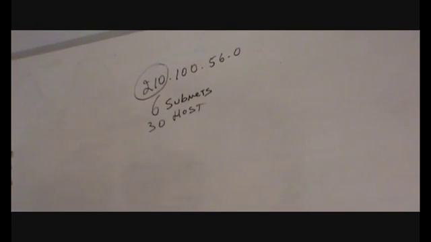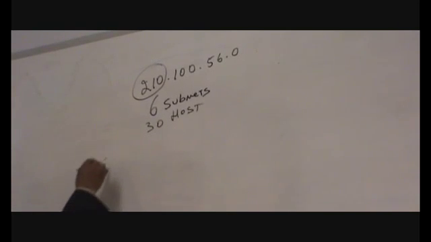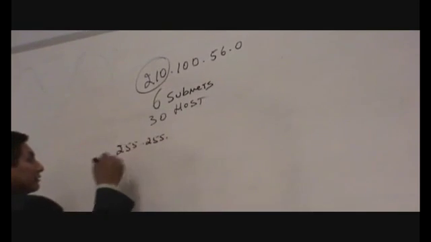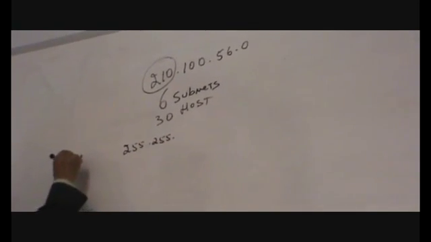That's a Class C IP address. And what is the subnet mask for that? 255.255.255.0. So the first thing that I'm going to do is write the subnet mask here.